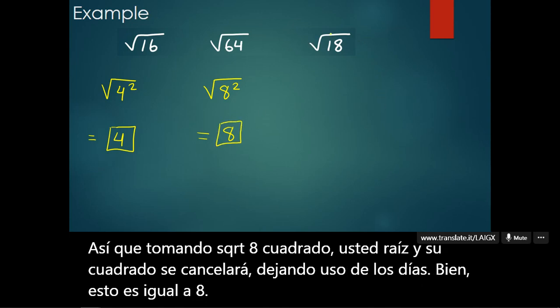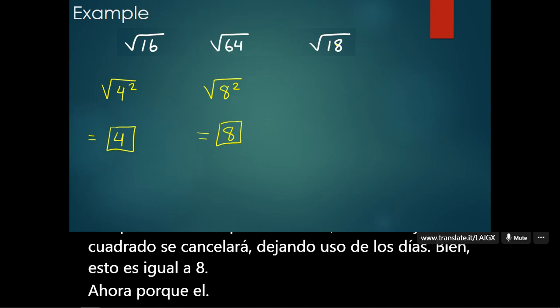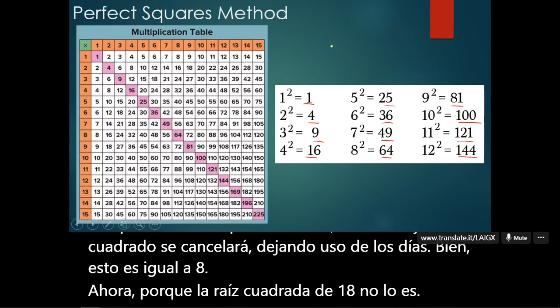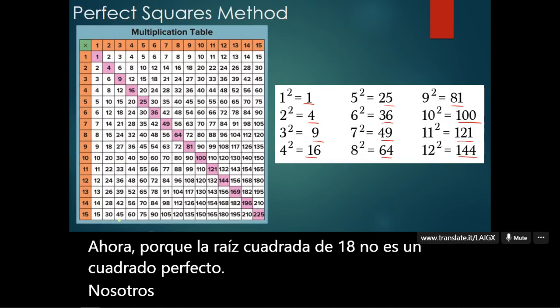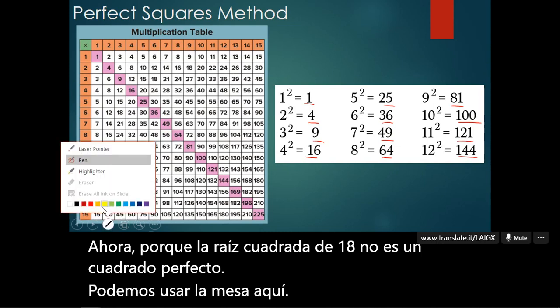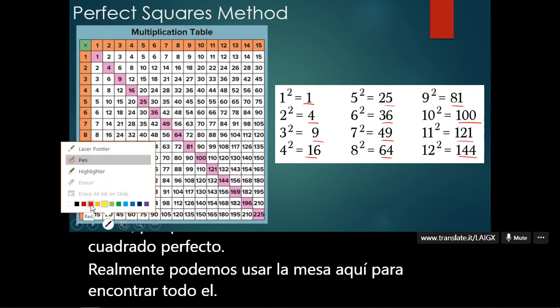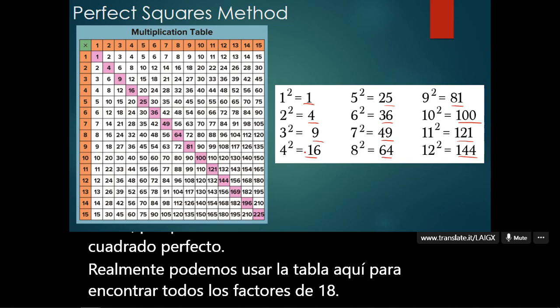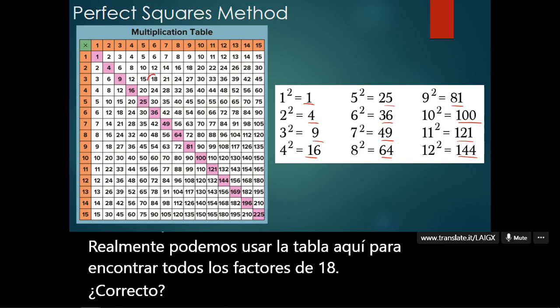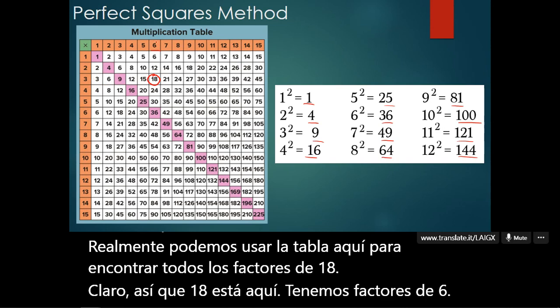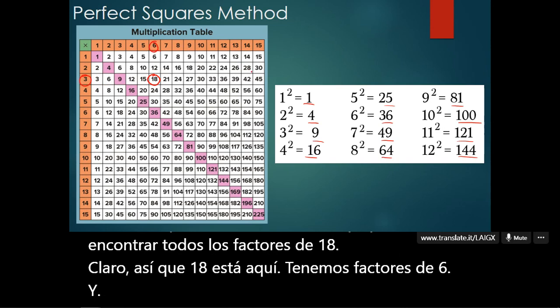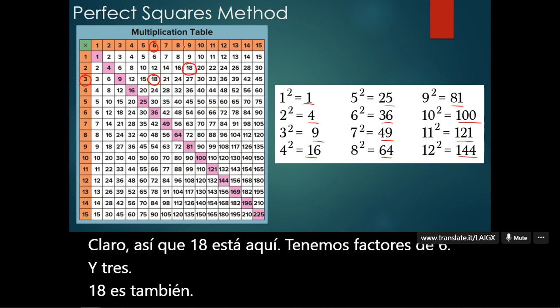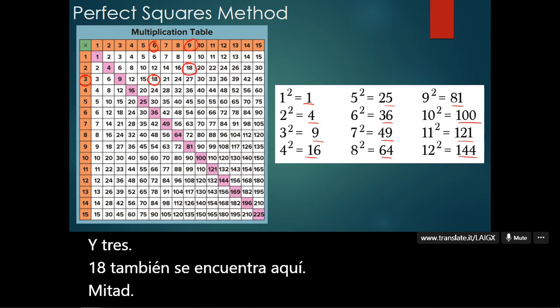Now, because the square root of 18 is not a perfect square, we can use the table here to find all the factors of 18. 18 is right here, with factors of 6 and 3. 18 is also located here with factors of 9 and 2.